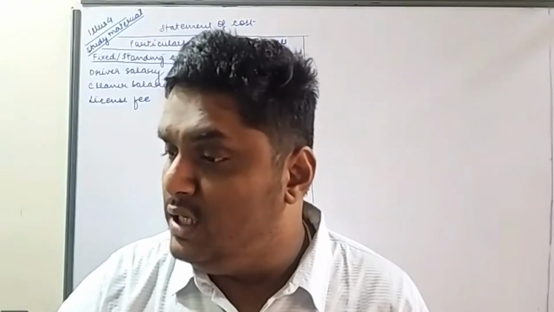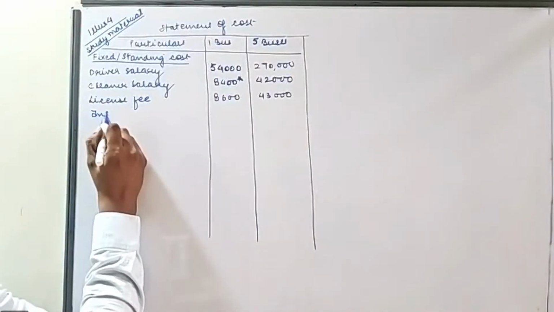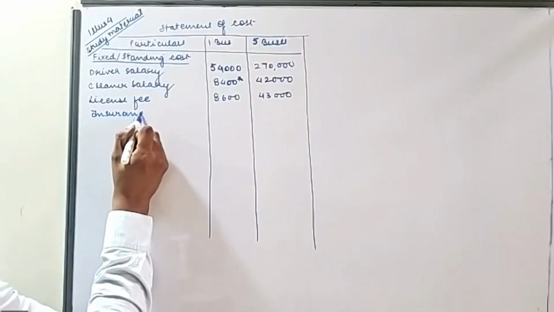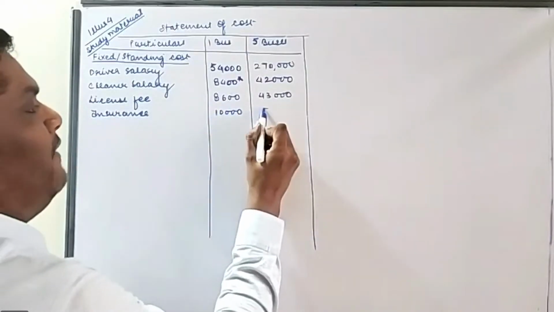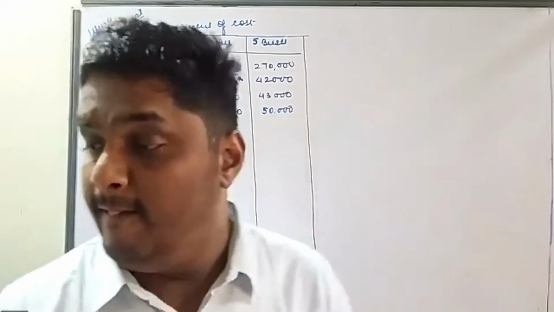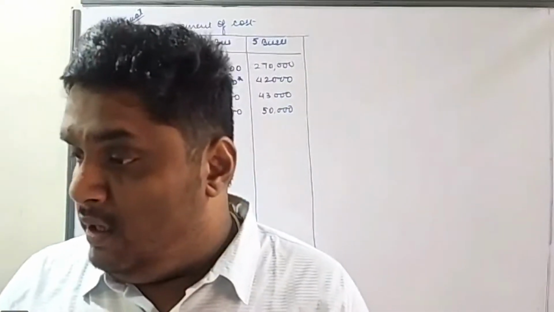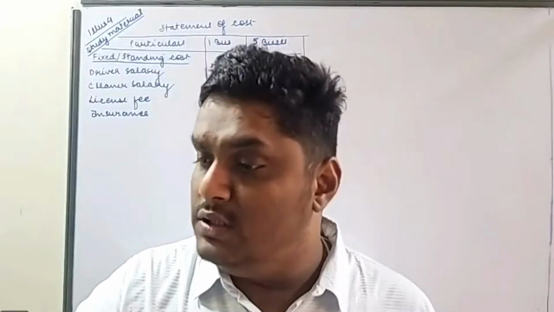Insurance is 10,000 per bus per annum. So for 5 buses, it will be 50,000. Repairs and maintenance we will show separately under maintenance cost.